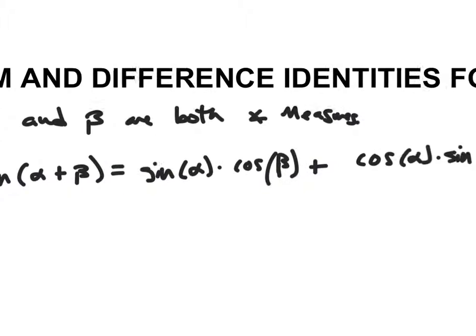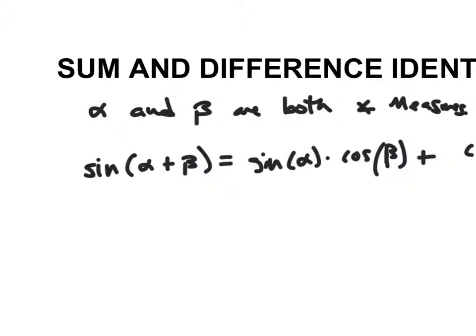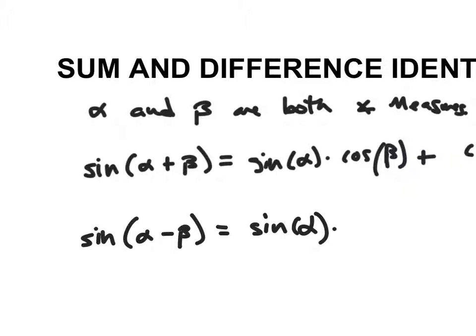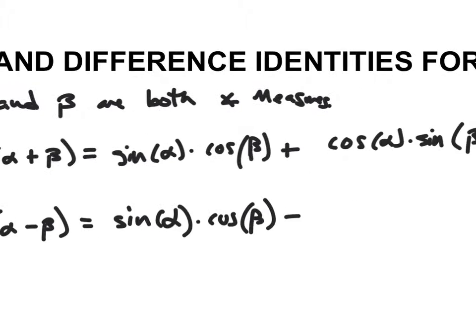Similarly, the same thing if we do the difference. If I do sine of alpha minus beta, it's going to give me sine of alpha times cosine of beta minus cosine of alpha times sine of beta.